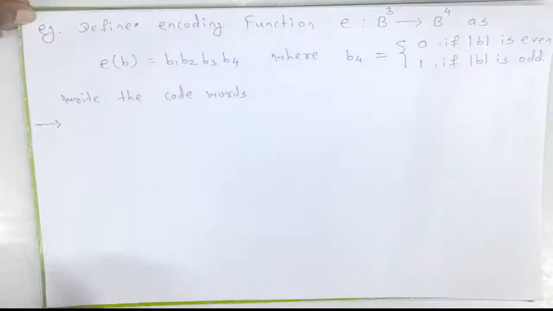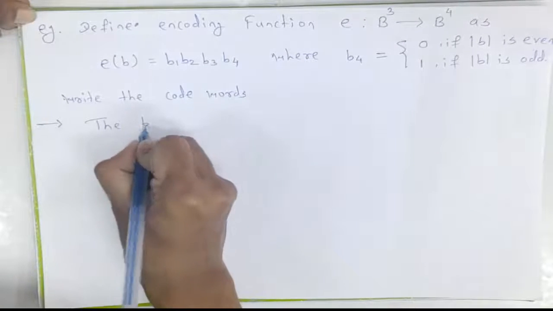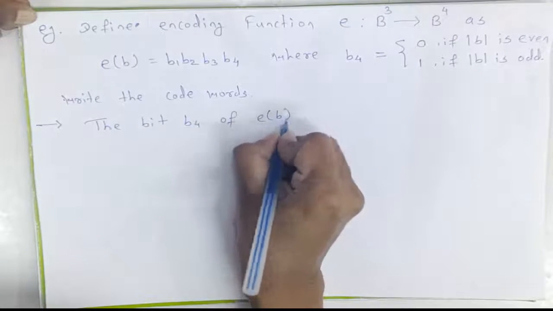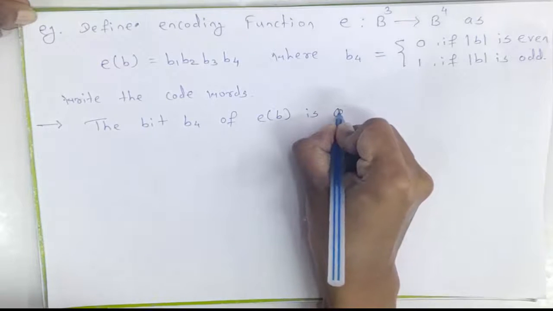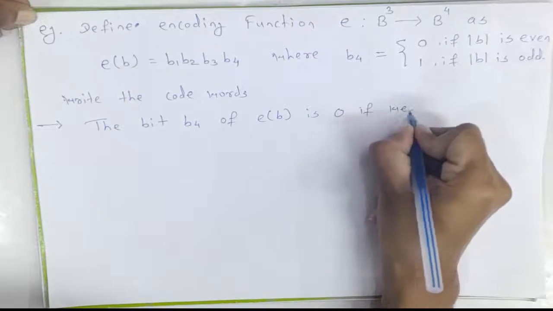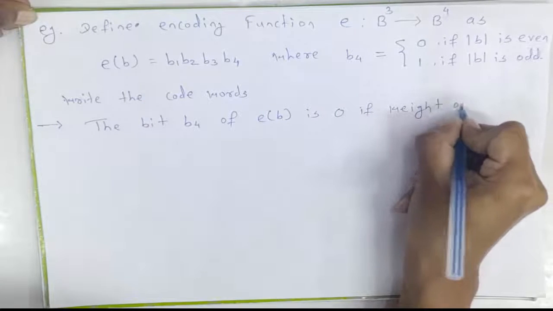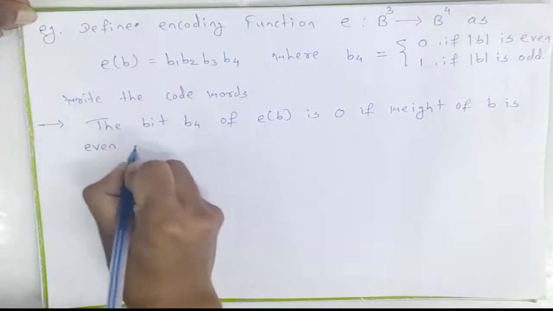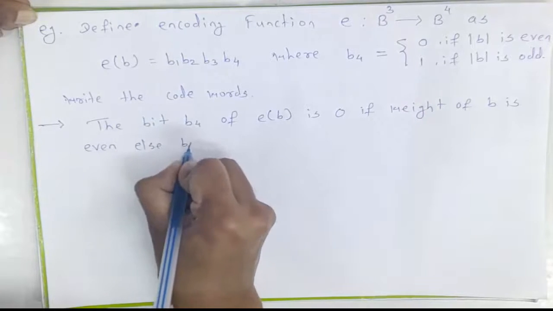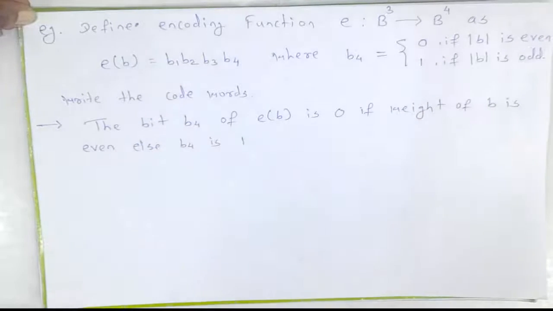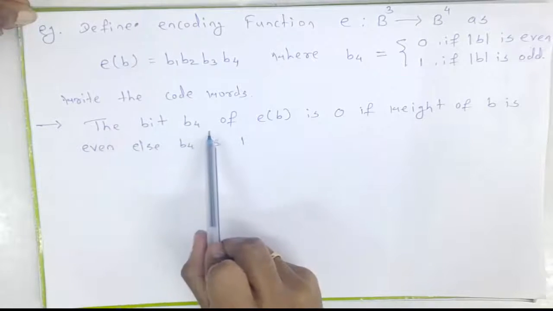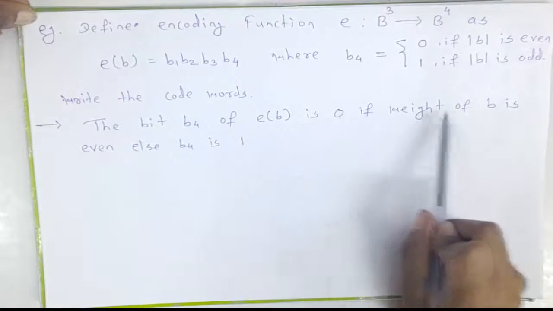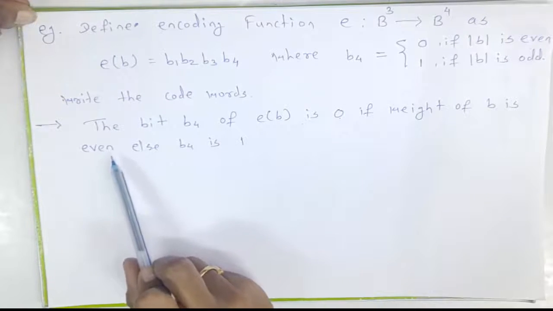So here the bit b4 of e of b is 0 if the weight of b is even, otherwise 1.